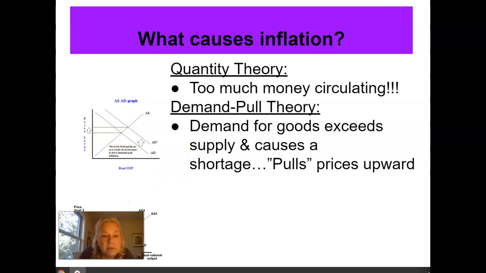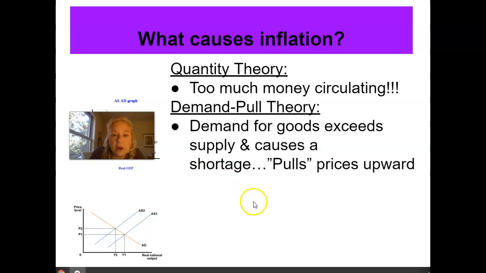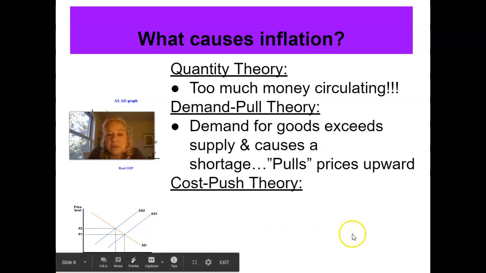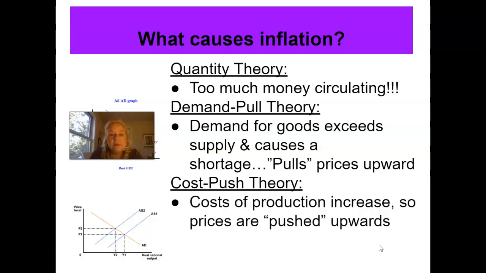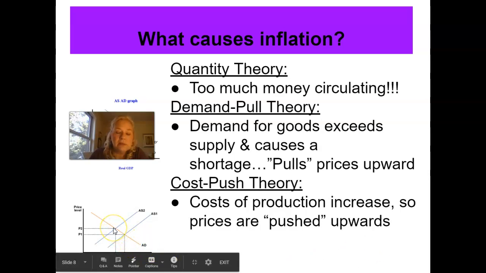Okay, now I'm going to see if I can move my picture here to show you the other graph. The cost push theory has more to do with the supply side. So remember when we talked about tires and tigers? So the top graph reflects tires, a demand shift caused by increase in income or one of the other tires. Cost push theory is when the cost of production increases. So our supply is going to decrease actually.